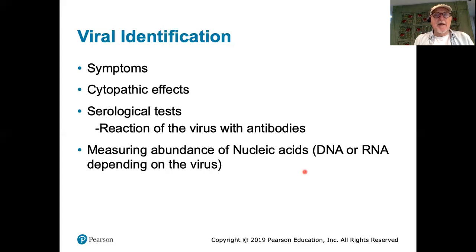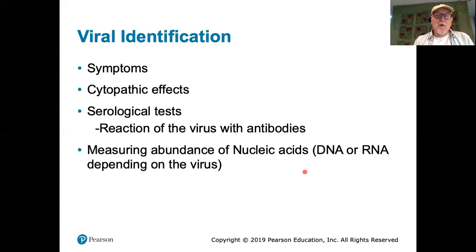All viruses possess a nucleic acid genome, either DNA or RNA, depending on the virus. We can extract that from samples and identify it. Often it is amplified in polymerase chain reaction, which we discussed before.